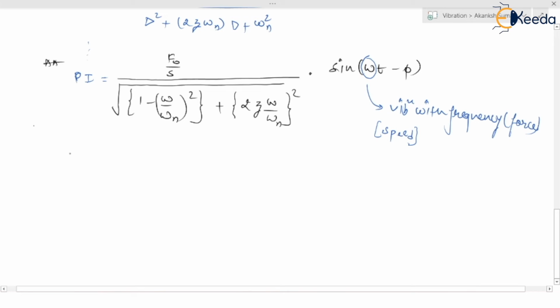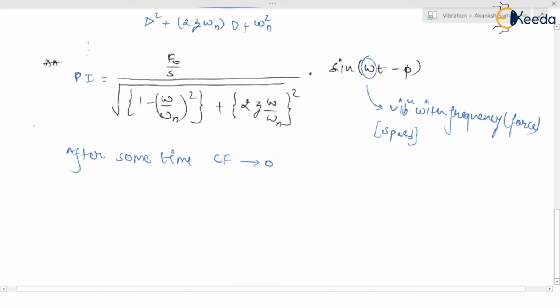After some time, we have seen that the complementary function becomes 0 because it is an exponentially decreasing function. So after some time CF tends to 0, but PI will not be 0 because there is no exponentially decreasing function of time.